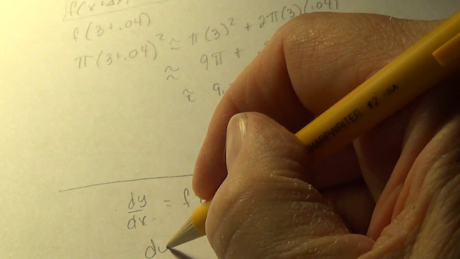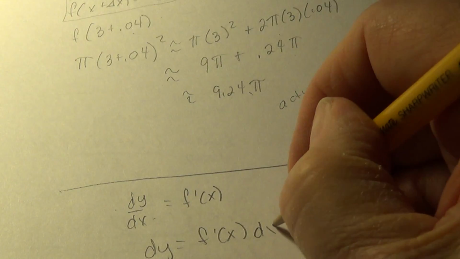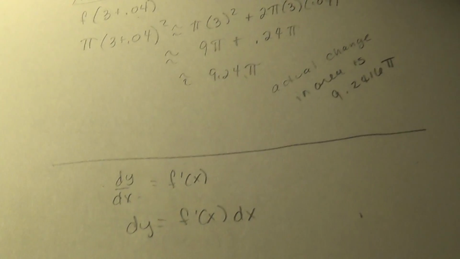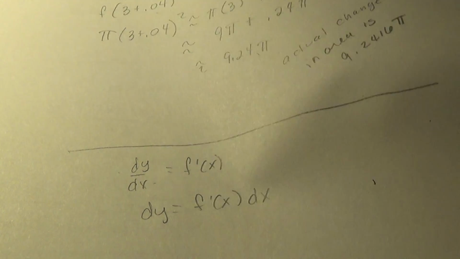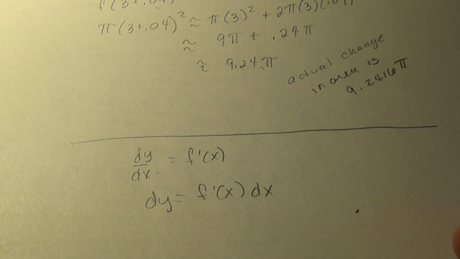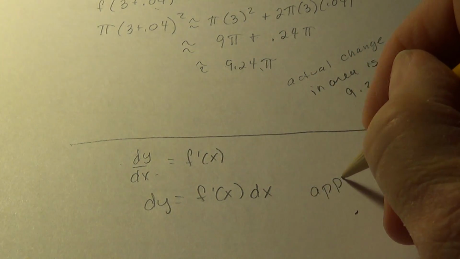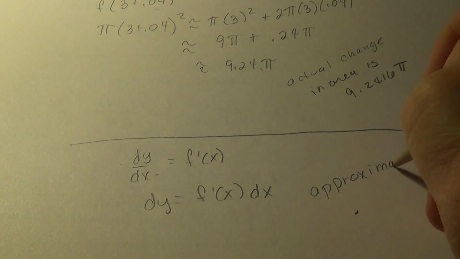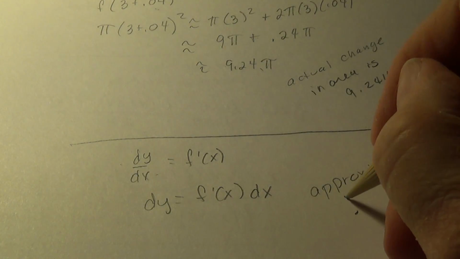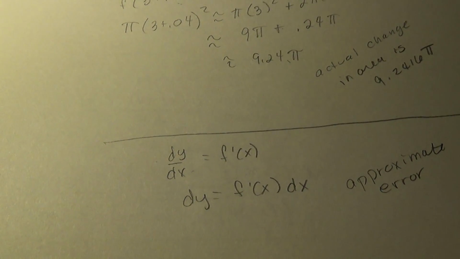So I get dy equals the derivative times dx. All right, so that dy equals f prime of x dx is often used to approximate error. And here's what I mean by error.